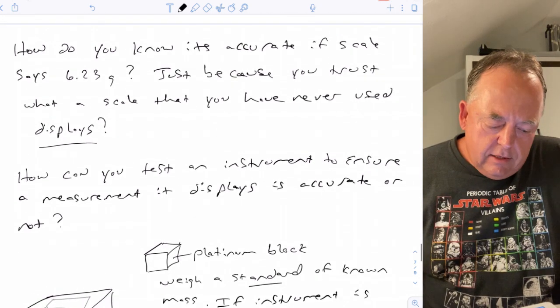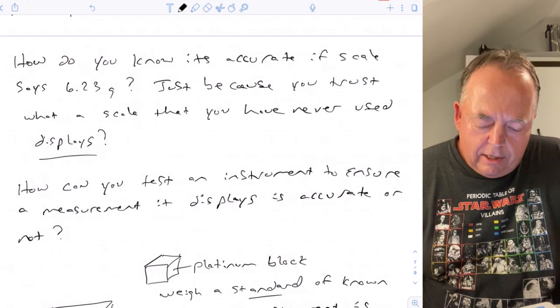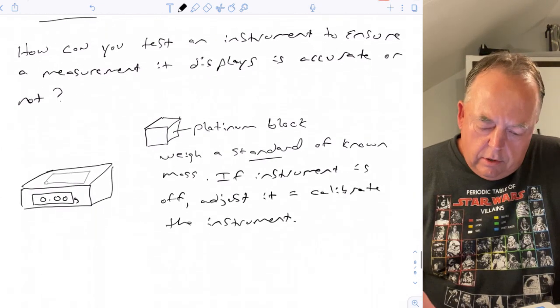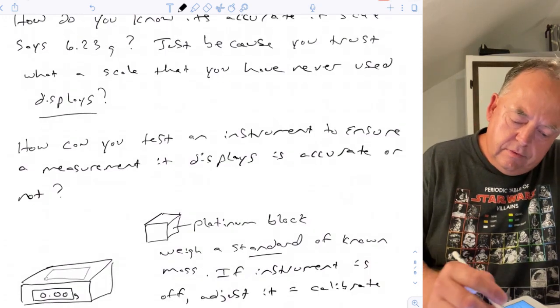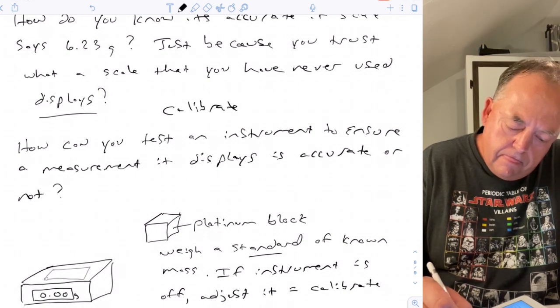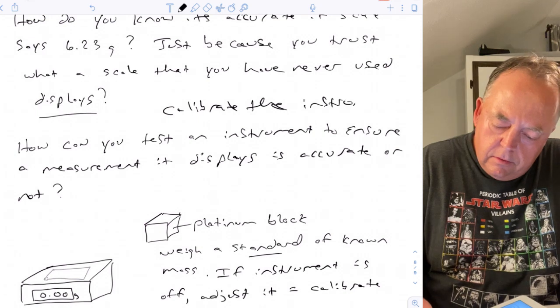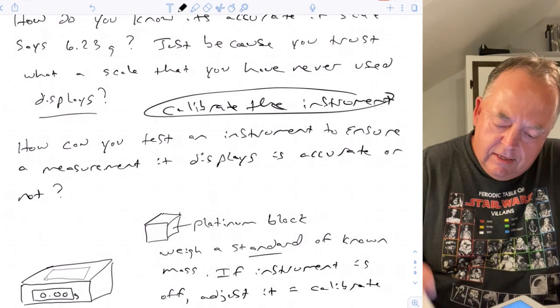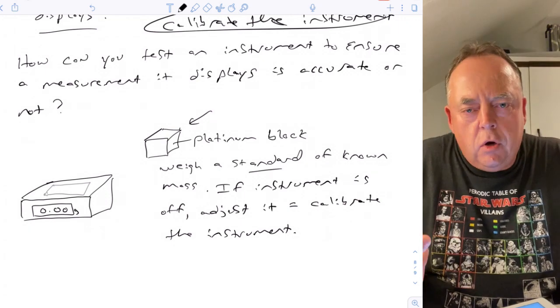So how would you do that if this was a balance? How would you know if the balance is actually reporting the correct mass? Well, one way you could do that is you would need to calibrate the instrument. In the case of a balance, you would take something that has a known mass.